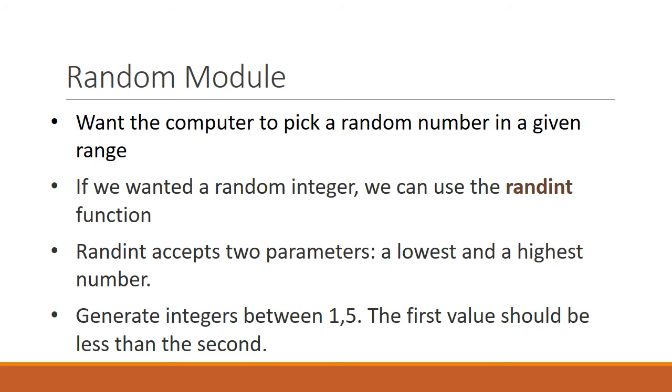So for example, if you want to generate an integer between 1 and 5, the lowest value is 1 and the highest value is 5. And the first value should always be less than the second value.